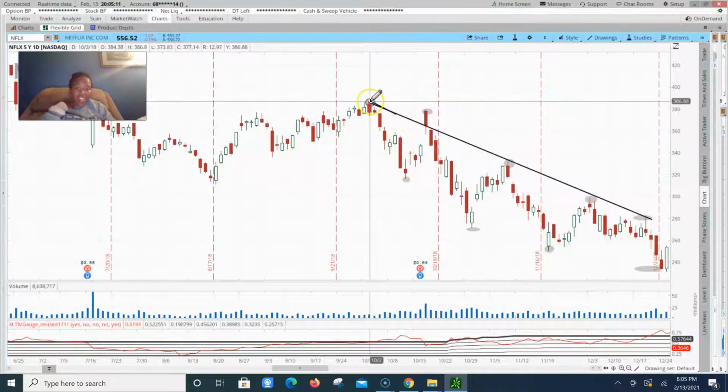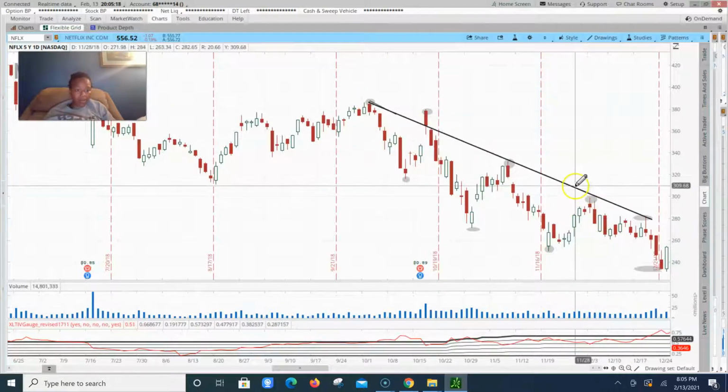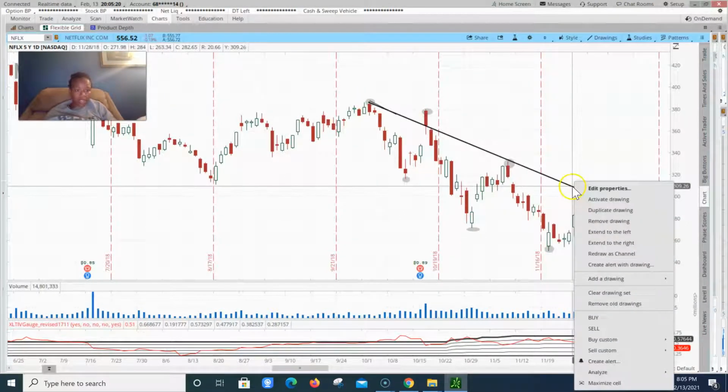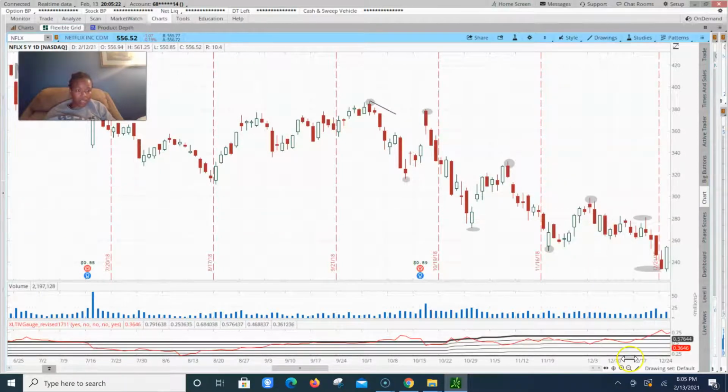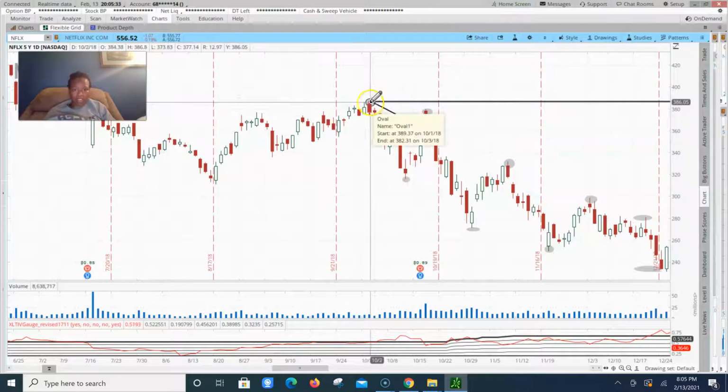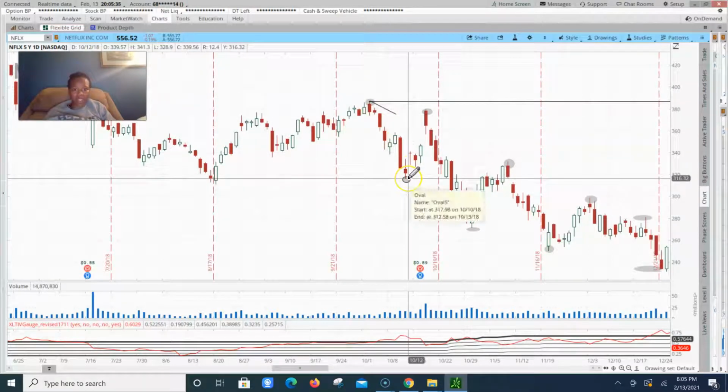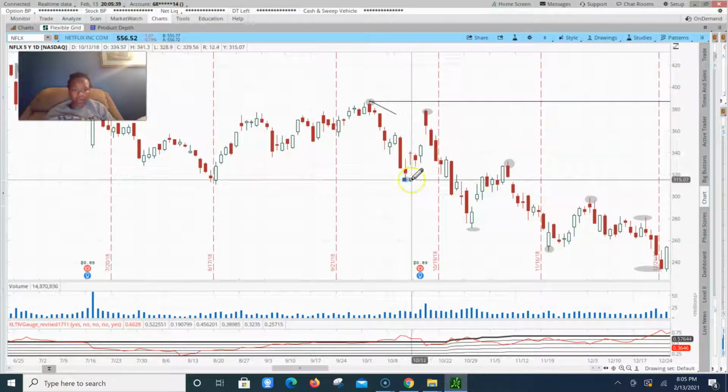So let's actually do it the way I do it. This is my high. So I'm going to remove this line, and I say to myself, okay, this is my highest point right here. This is my control point. So when I see that price went down, this right here is my lowest point.